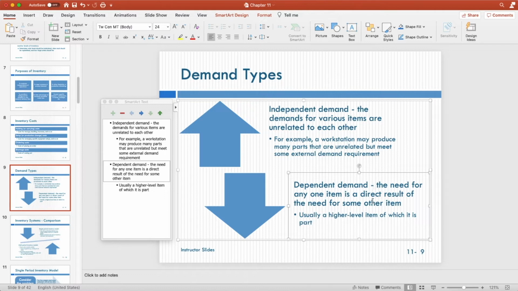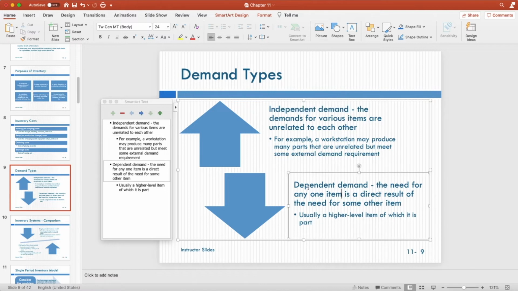Those items are different items. They can be related with each other, or just independent of each other. In many cases, firms may just produce different products that are not related with each other. That's very common. In those cases, we say this is called independent demand.